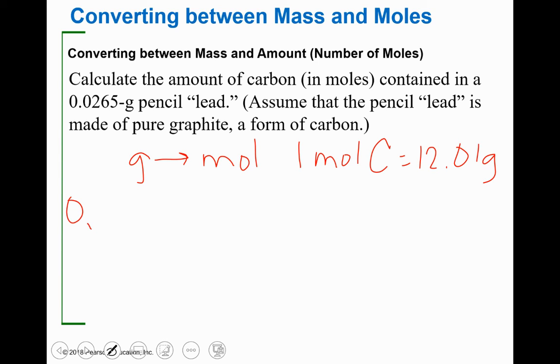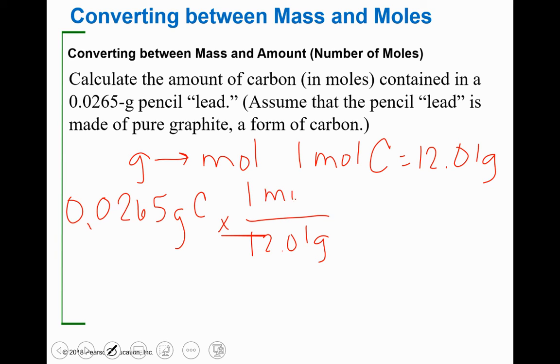So I have 0.0265 grams of carbon. All right. And then I'm going to cancel out my grams. So my grams will go on the bottom here, 1 mole on top. So simple math, we'll do 0.0265 divided by 12.01.